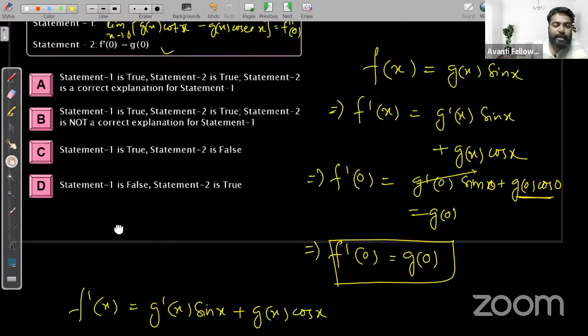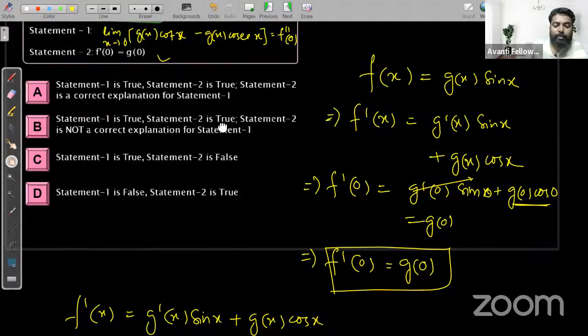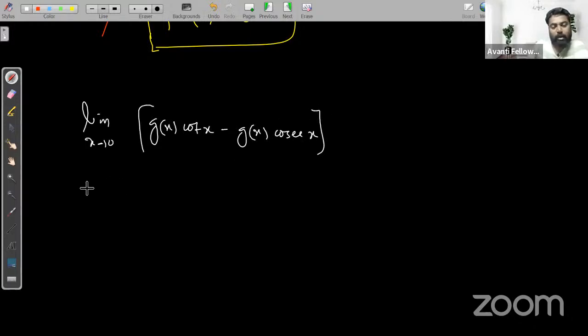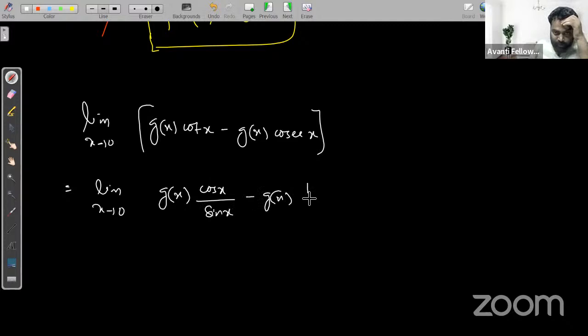In the left hand side of statement 1, it is given the limit as x tends to 0 of g of x into cot of x minus g of x into cosec of x. Now, if you try to evaluate the limit, this can be written as cos x upon sine of x minus g of x into 1 upon sine x. Oh, sorry, sine x.